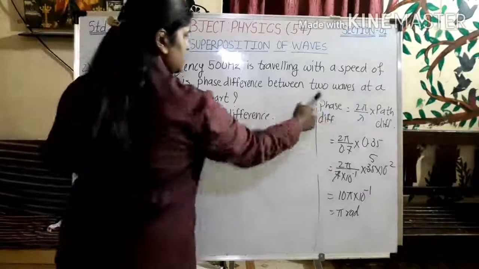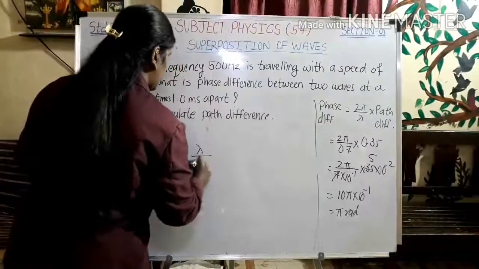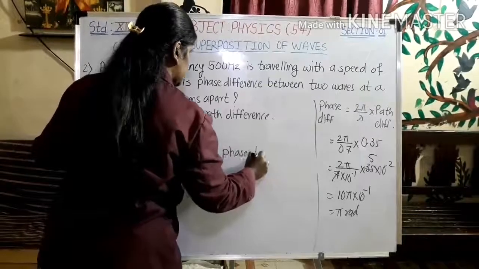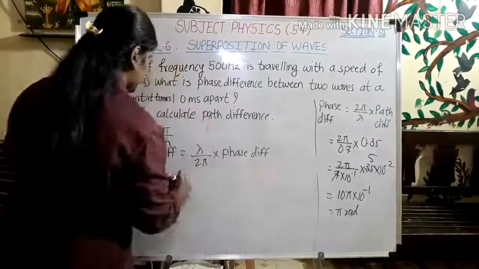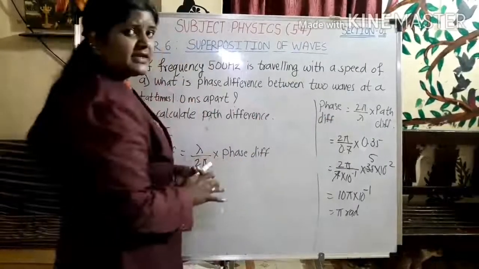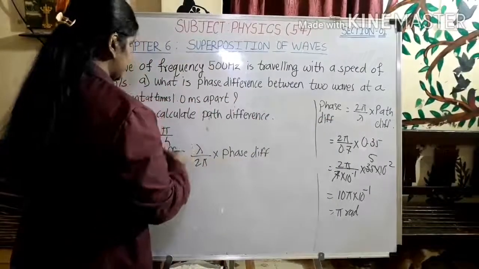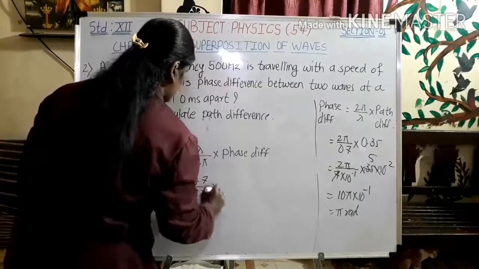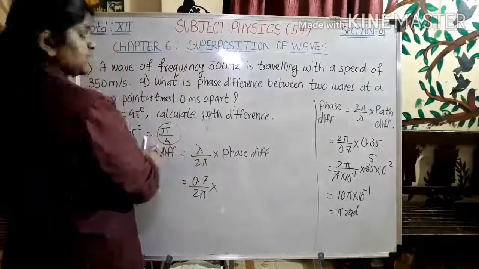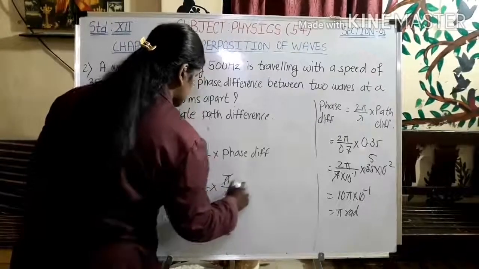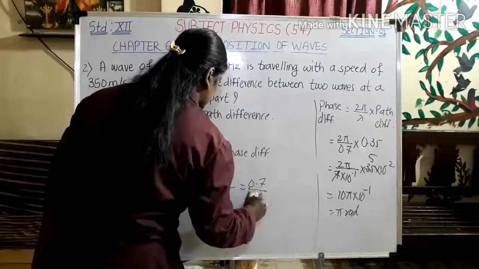So it will be lambda by 2 pi, the inverse of that equation. Inverse of this is path difference equals lambda by 2 pi into phase difference. What is phase difference and what is lambda? Lambda we have calculated as 0.7, divided by 2 pi, into phase difference, pi by 4. This pi will get cancelled, so you are getting 0.7 divided by 8.